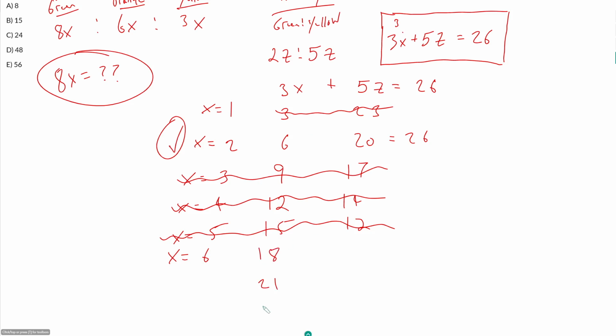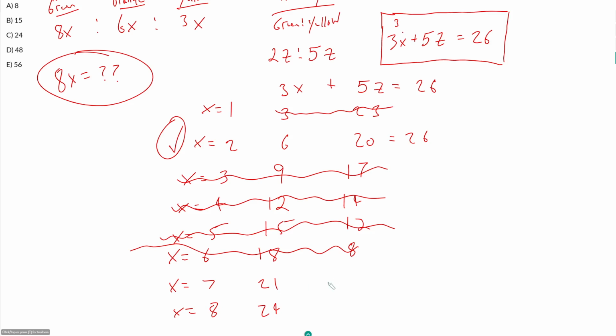This is our last possibility because after this, 3x would be equal to 27, which is over our total number of jelly beans. So this is 18. This here must be 8. That's not possible. 8 is not a multiple of 5.